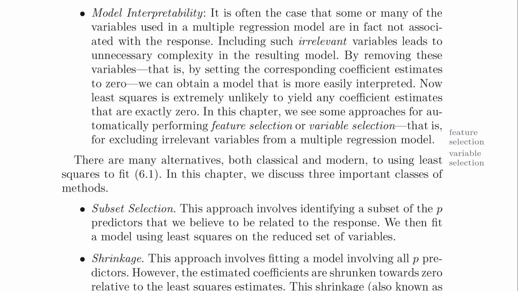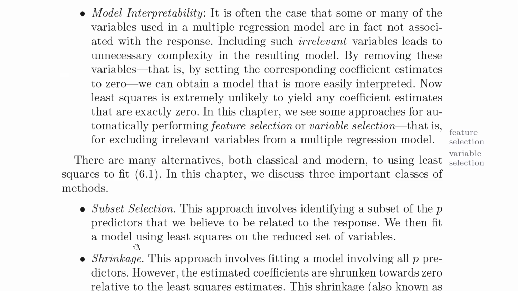By removing these variables, that is, by setting the corresponding coefficient estimates to 0, we can obtain a model that is more easily interpreted. Now, least squares is extremely unlikely to yield any coefficient estimates that are exactly 0, right?